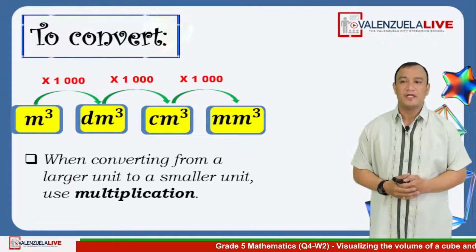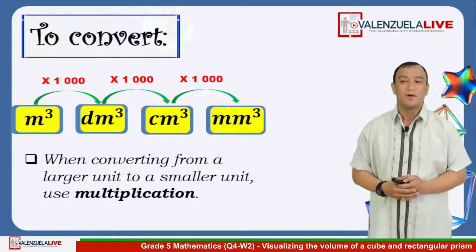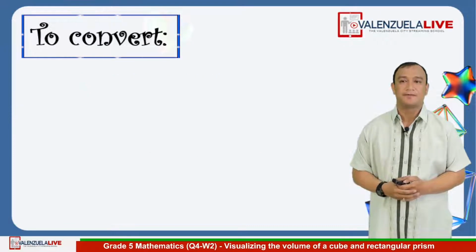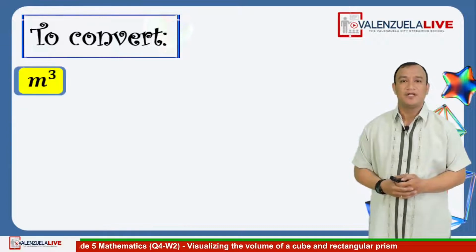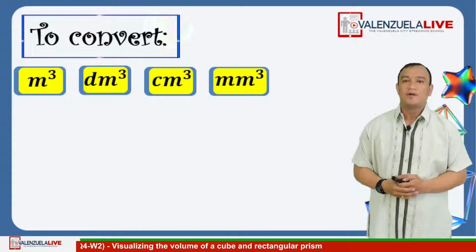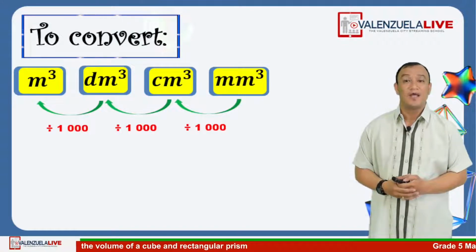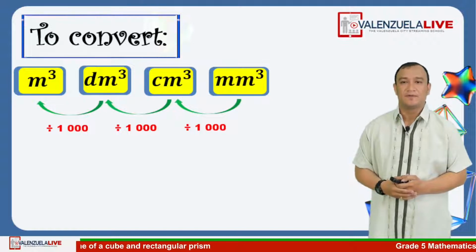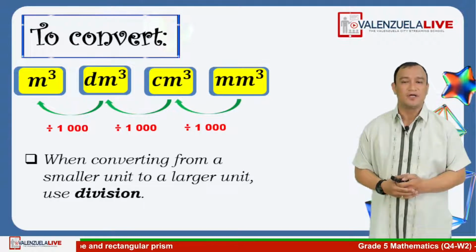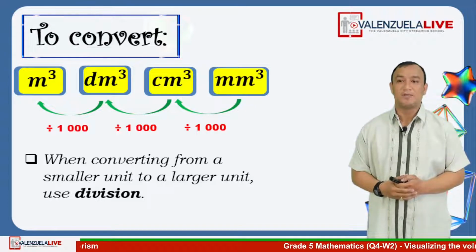And when converting from a larger unit to a smaller unit, we use multiplication. Another thing is that every jump or move going to the left means dividing by 1,000. And when converting from a smaller unit to a larger unit, we use division.